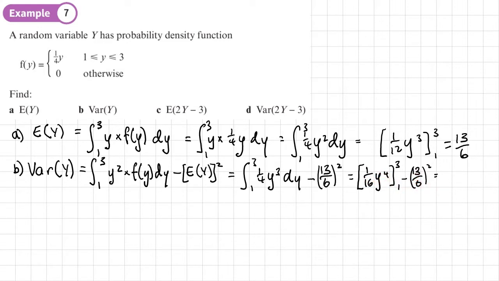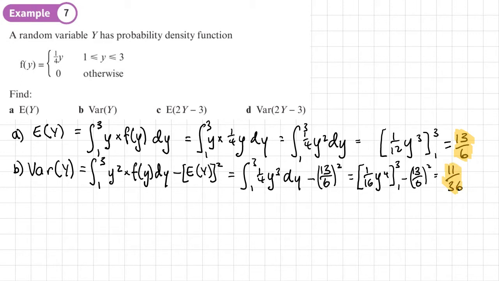Take away 13/6 all squared. And working that all out on the calculator, we'll get 11/16 for part B. So nice exact answers there. Oh, sorry, 11 over 36. Should learn to read my calculator properly. 11 over 36, and then we can move on to part C.